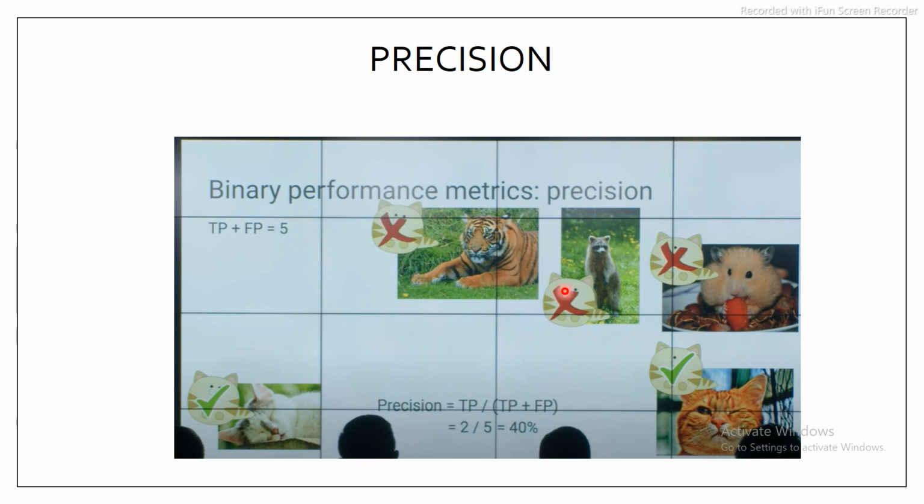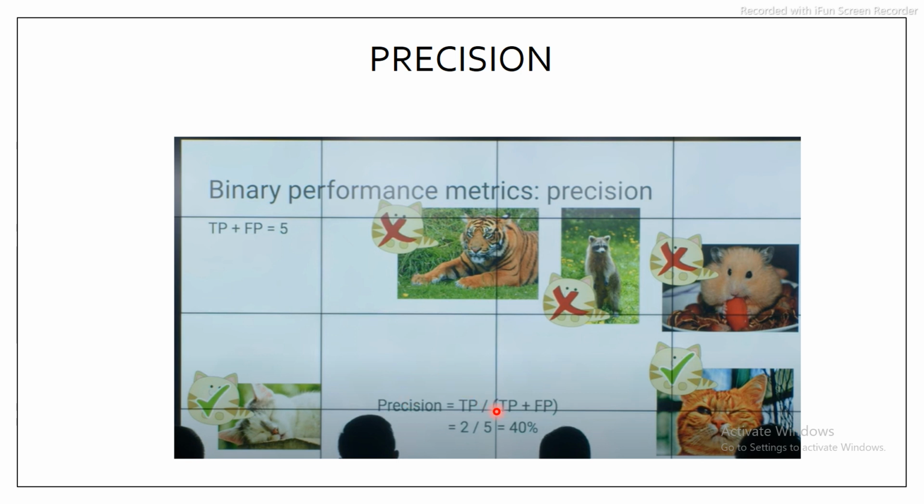Let's say this tiger, this one is some fox or something, this one is a mouse. They were predicted as cats, but it was a wrong prediction. So how are we going to change the model so that this is corrected the way we want?